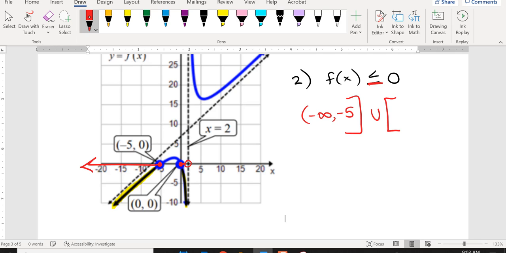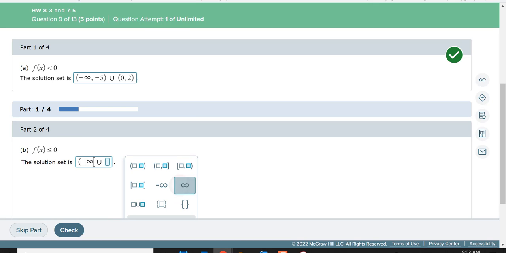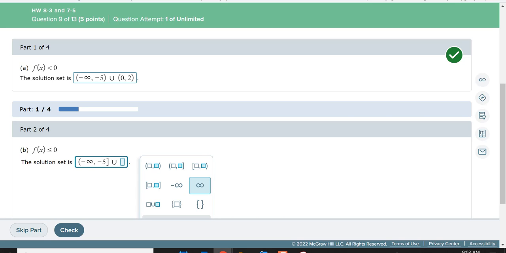And then it can be 0 up to 1. Oh, sorry, up to 2. Type that in. Negative infinity to -5, and then from 0 to 2.